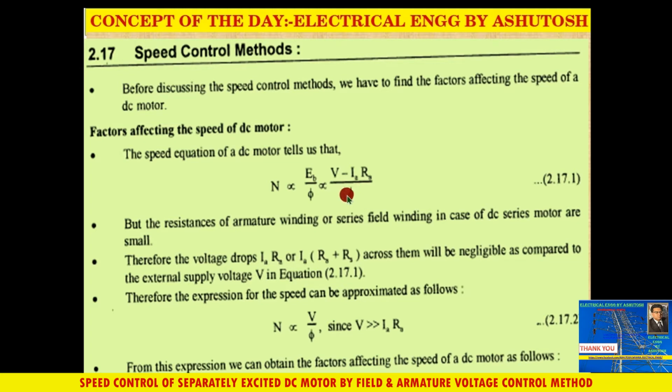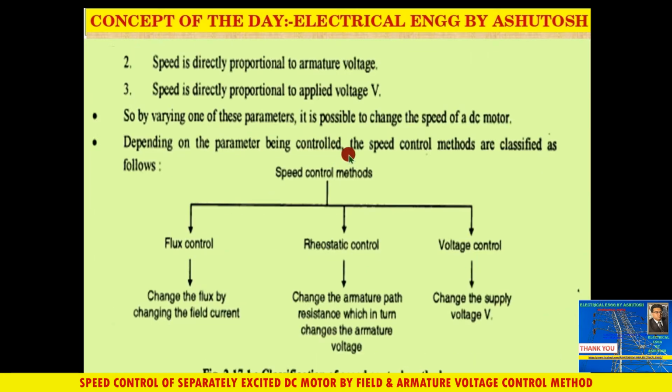So you can change the speed of the motor by changing the armature resistance. The second method is changing the field flux, the field weakening method. The third method is controlling the speed by changing the terminal voltage. There are three methods.